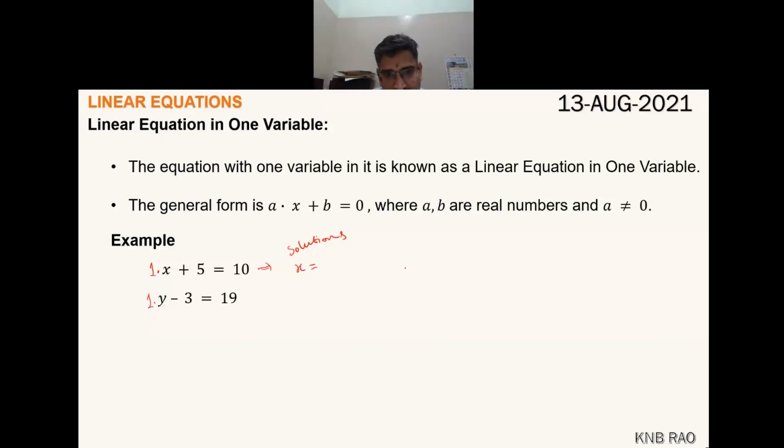Sir, x equal to 10 minus 5. Very good. Thus, x equals 10 minus 5, which is 5. That 5 is the solution.